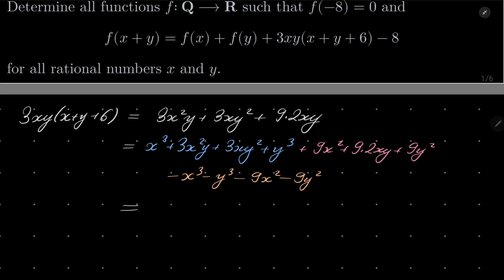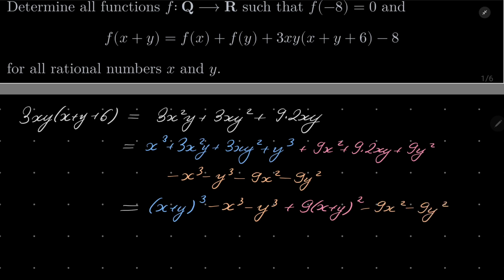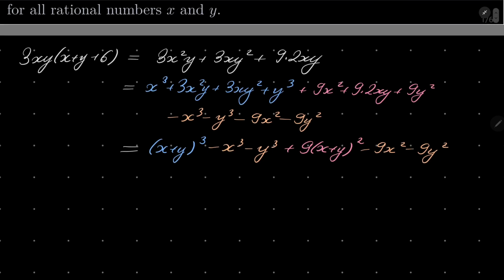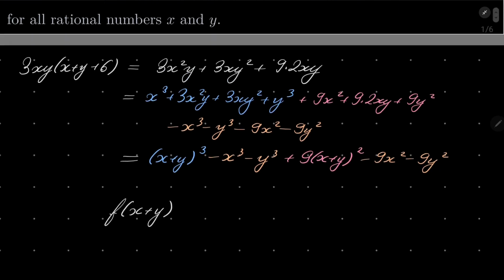This entire blue expression is just x plus y cubed. Then we have minus x cubed minus y cubed. And the entire pink expression is 9 times x plus y squared minus 9x squared minus 9y squared. Very well. And now let's finally consider our very first functional equation.